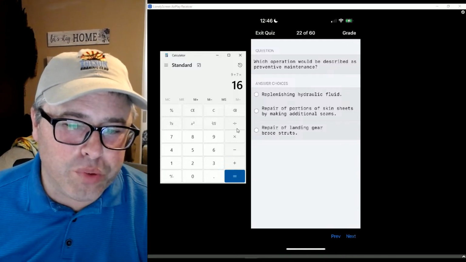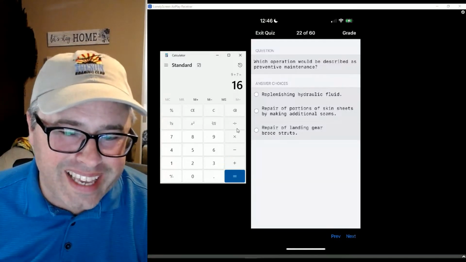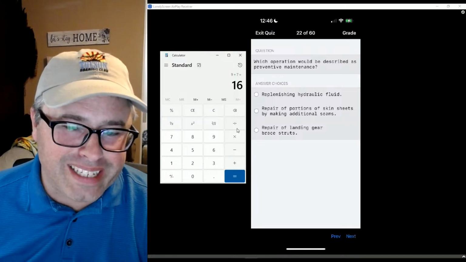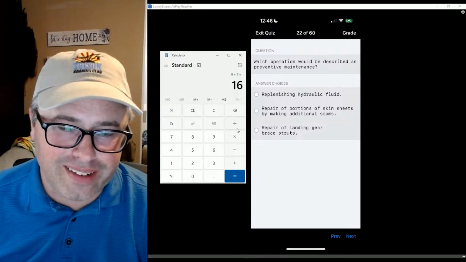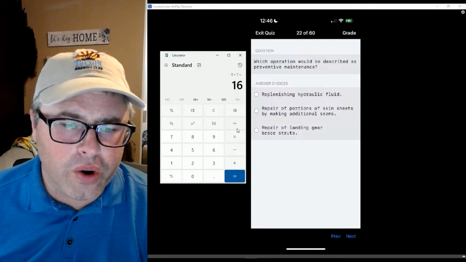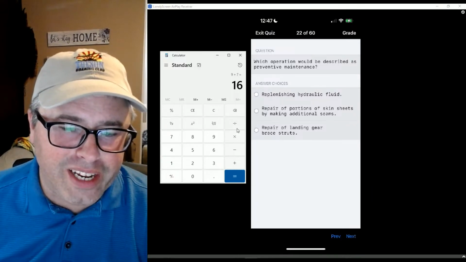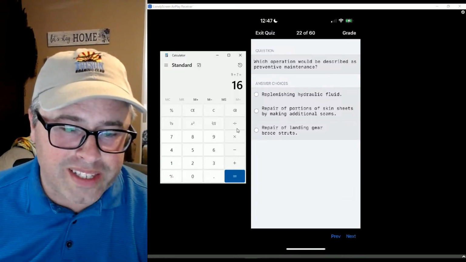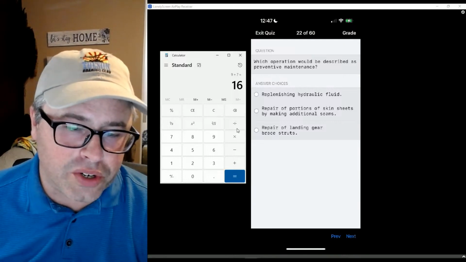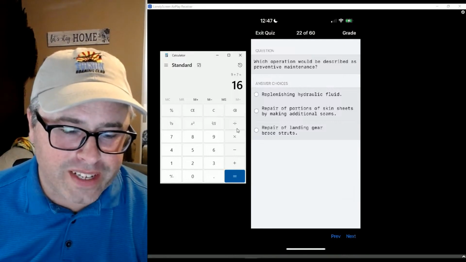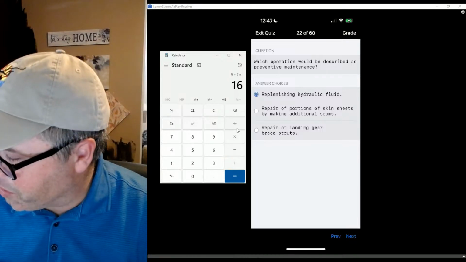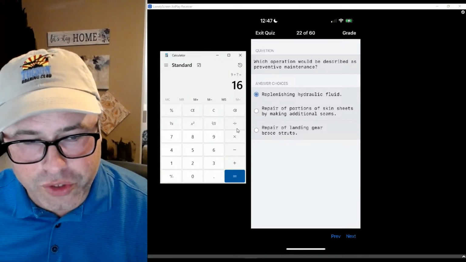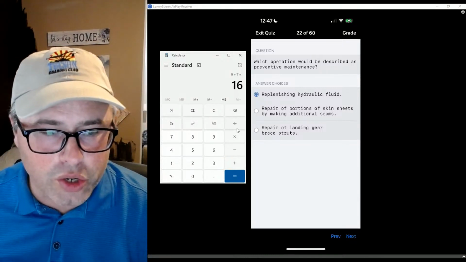Repair of portions of skin sheets by making additional seams. Okay, that's repair. Okay, right there it says. Repair of landing gear struts. Okay, these are those last two. They say repair in the answer, so you know it's not that because that's trying to fix something. We're trying to talk about preventative maintenance. Okay, replenishing hydraulic fluid that naturally just goes down over time.